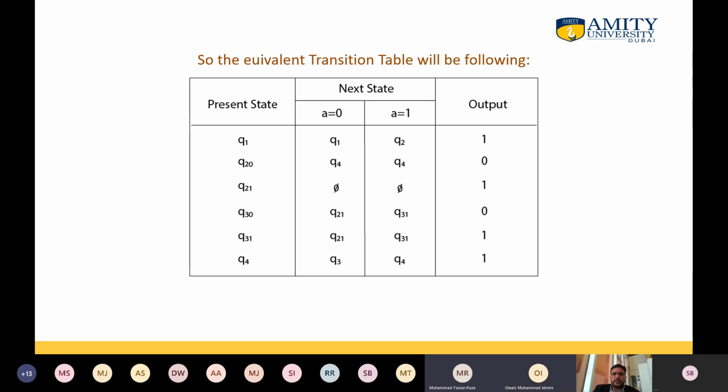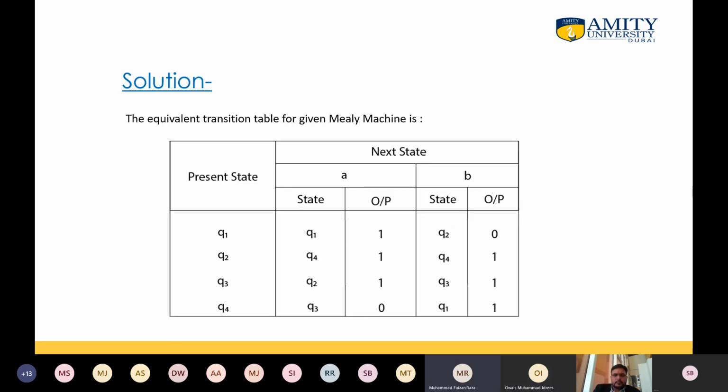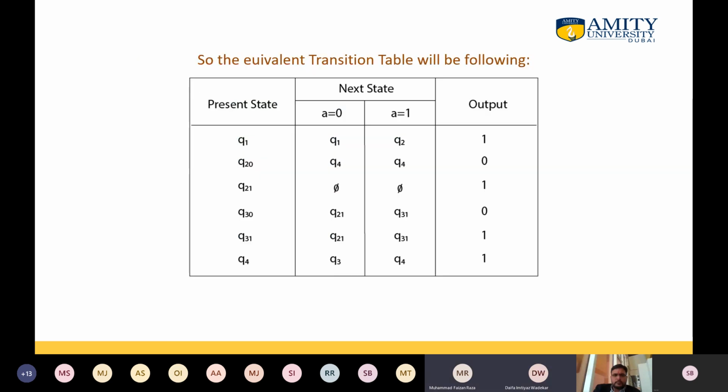Okay. You should not be confused in this. Why are we writing Q4, Q4? Because you don't have to split Q4. Anyway, you will be reaching Q4 from Q2. So we can write null or we can write the same digit on both sides. Yes, you can write the same, no problem.